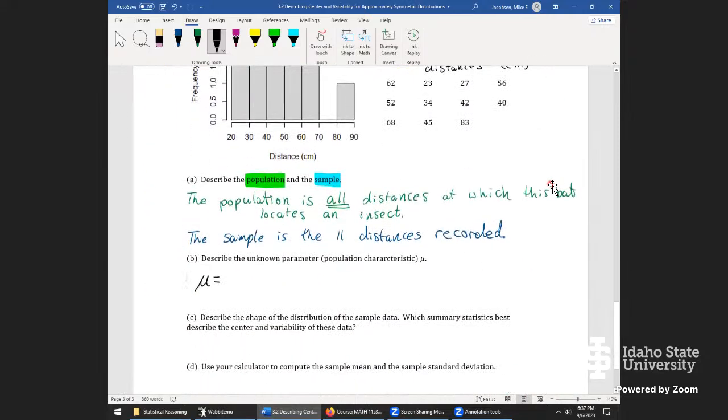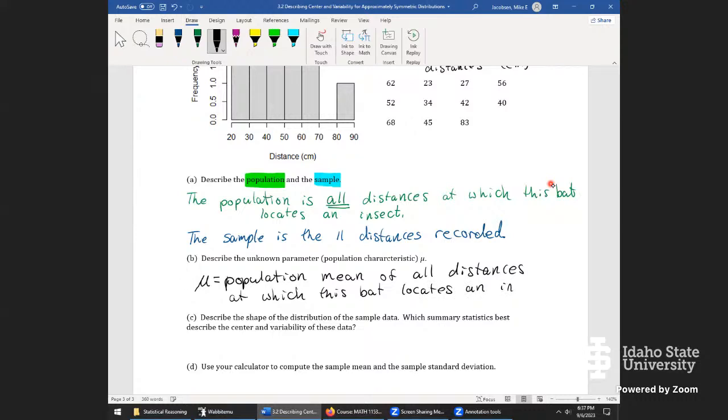So let's go back down here. Mu equals the population mean of all distances at which this bat locates an insect.